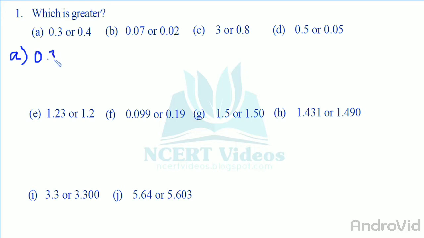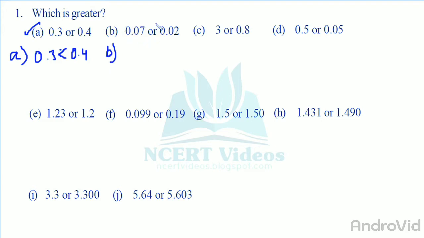Therefore we will write 0.3 is smaller than, this is the sign for smaller than, 0.4. So that makes our A part. Now B part.